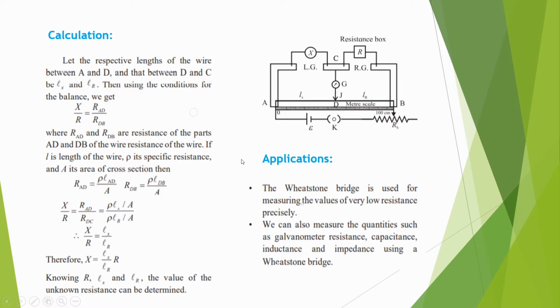Let us see the applications of the meter bridge or Wheatstone's bridge. The Wheatstone's bridge is used for measuring the values of very low resistance precisely. What is the second application?